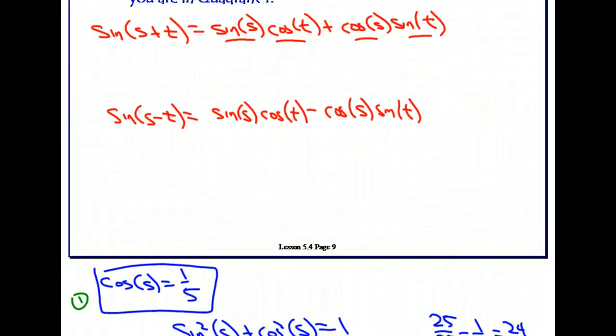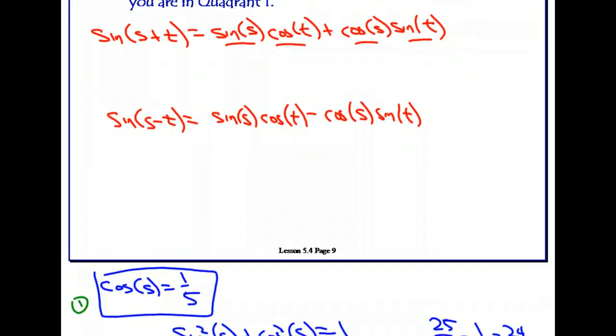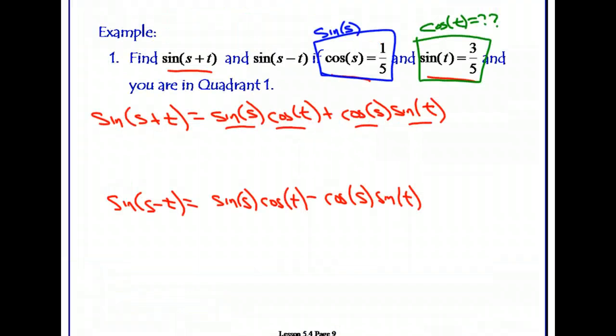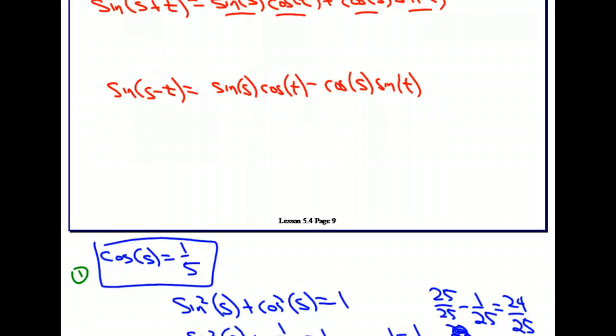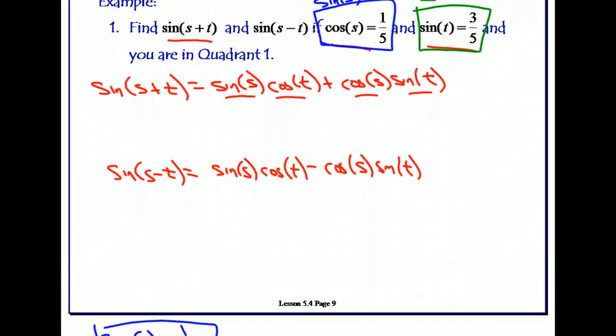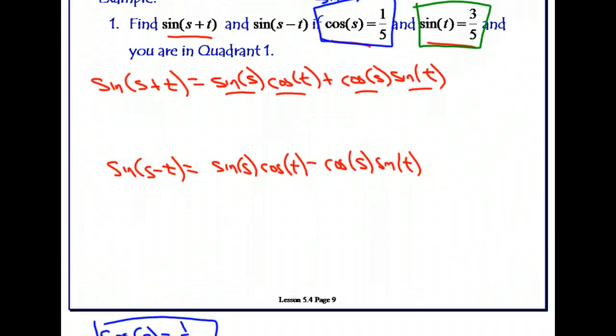All right, here's my first formula. Sine of s. Uh-oh. What was the sine of s? Let's see, is it up here? No, it's not here. It's down here. Sine of s is 2 root 6 over 5. Keep that there. What was the cosine of t? We just figured that one out. That was 4/5. We've got a plus sign in here.